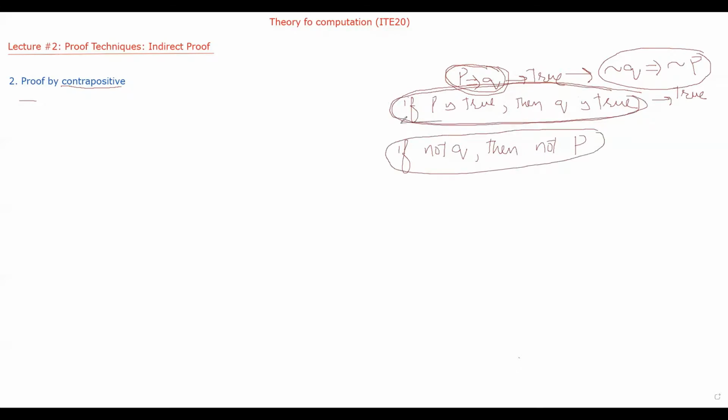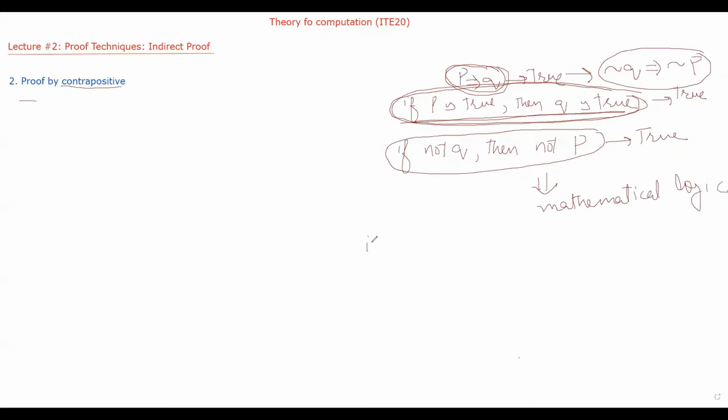So the contrapositive of this statement is this statement. If this is true, then its contrapositive will also be true. That is a theorem of mathematical logic. What is mathematical logic saying?